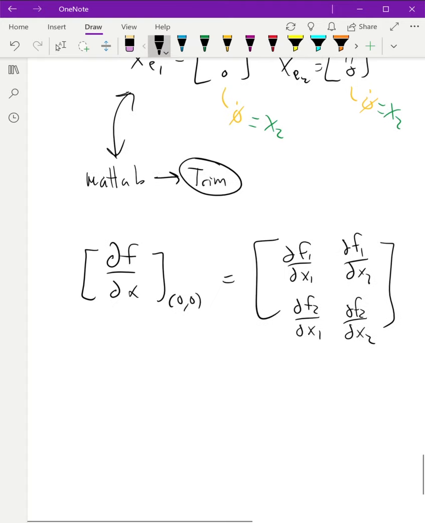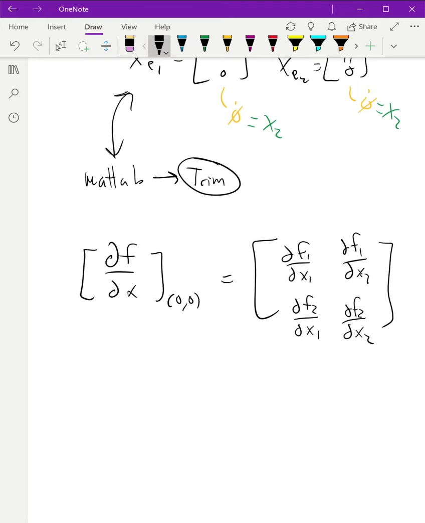So we know what x1 and x2 are, but what the heck are f1 and f2? So we'll look at our state space equations again. Right, f1 is the first derivative of the state, f2 is the second derivative of the state.